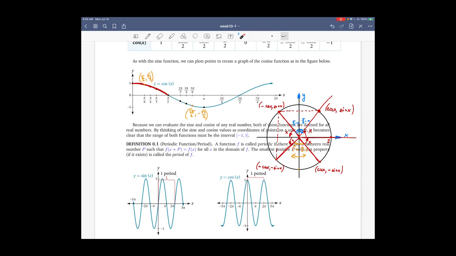So again, you take any point on the graph of cosine x, where x is between 0 and pi over 2. Draw a straight line joining this point and the point (pi over 2, 0).